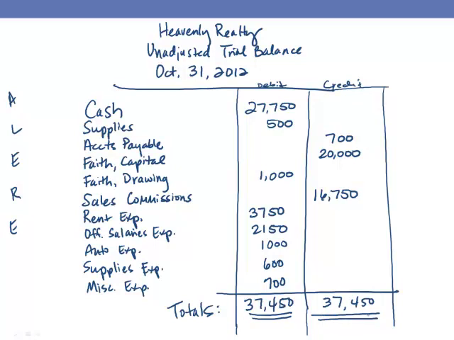That number does not really mean anything. We just want to verify that we have put in the same amount of debits as we have credits. So the $37,450 is not a significant number. We want to make sure that the debits equal credits, and they do. They balance. So that's our trial balance.